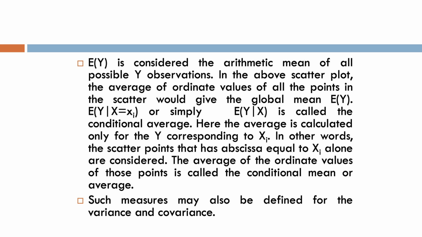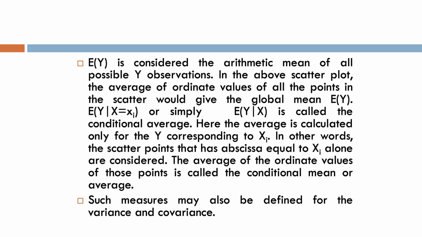The conditional mean, or expectation of y given x equal to x i, or simply expectation of y given x, is called the conditional average. Here the average is calculated only for the y corresponding to the observations on x i.